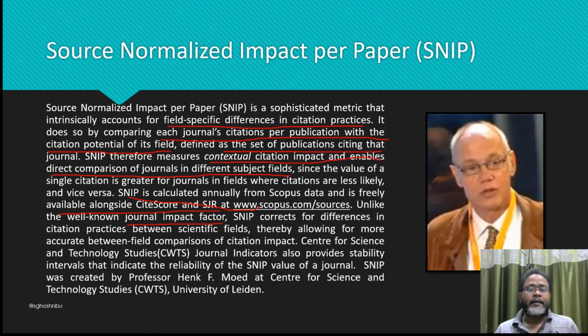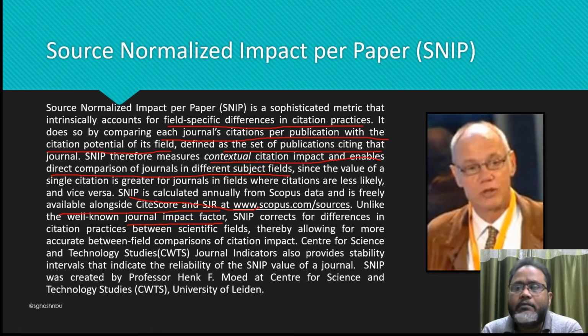And then we got another term known as SNIP, the source normalized impact per paper. Here we are talking about the paper, not the journal itself. Source normalized impact is a sophisticated metric that intrinsically accounts for field specific differences in citation practices.